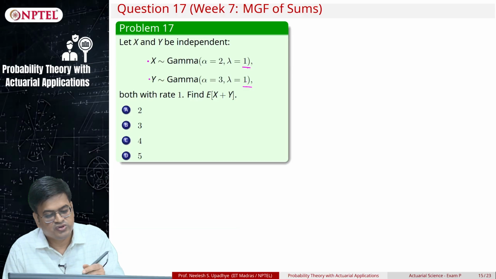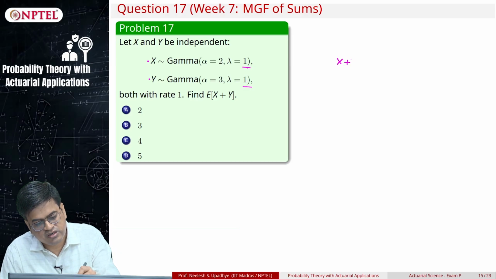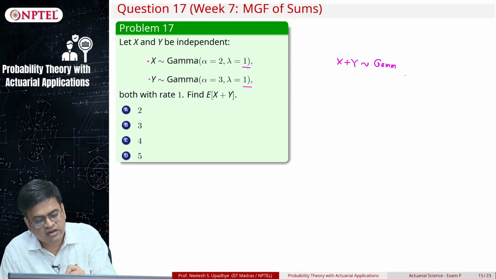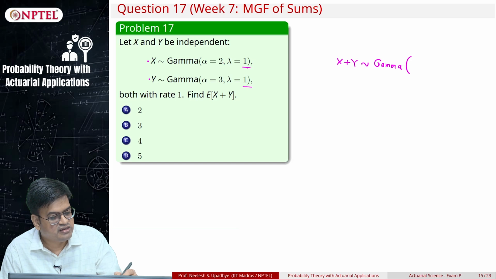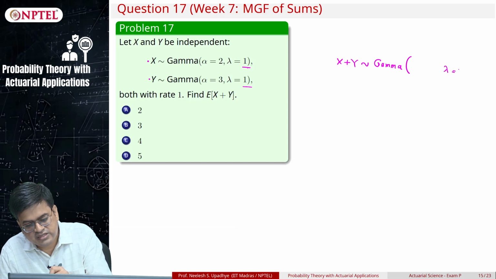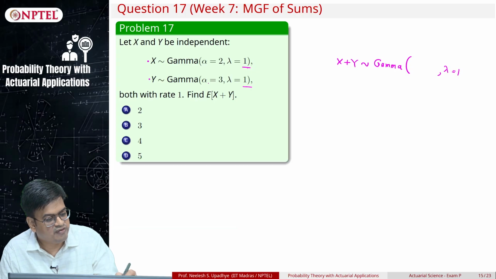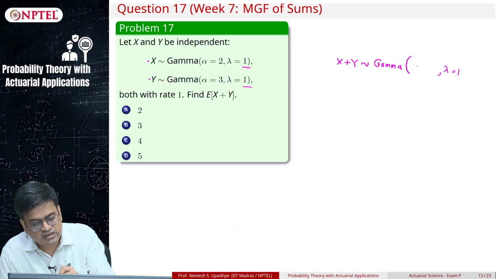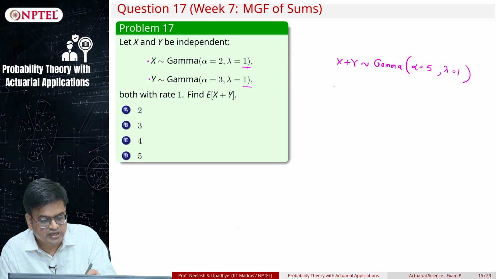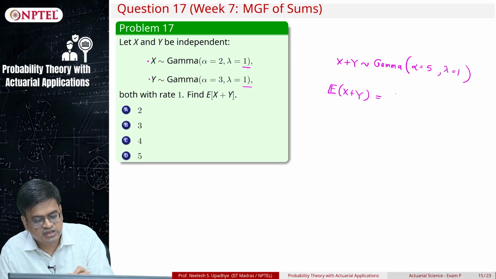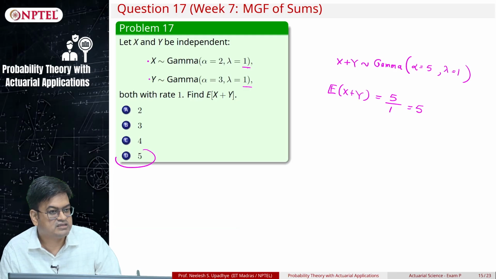So, whether you know MGF or not, X plus Y will follow gamma with, since lambda is equal to 1 is the same, I will simply add alpha 1 and alpha 2, and this will be alpha equal to 5. Therefore, my expected value of X plus Y will be nothing but alpha by lambda, which is 5 by 1, which is equal to 5. So, my answer should be D.